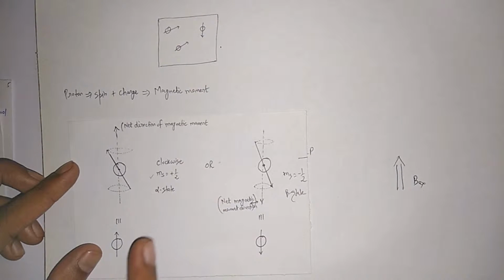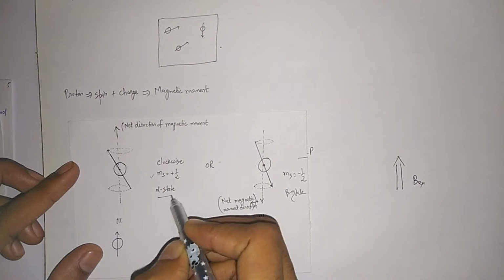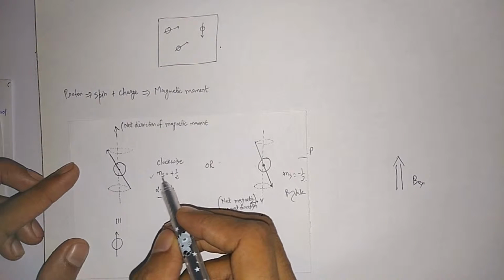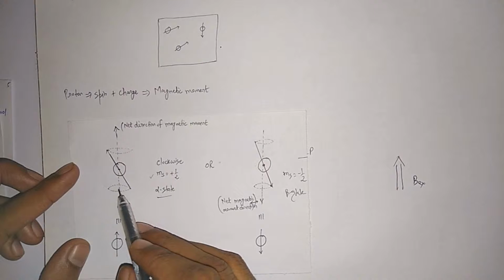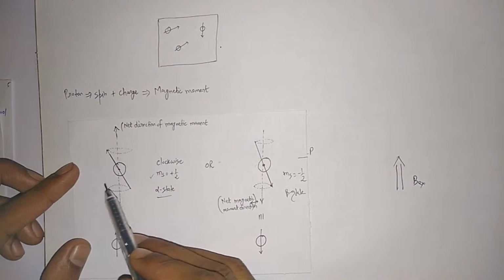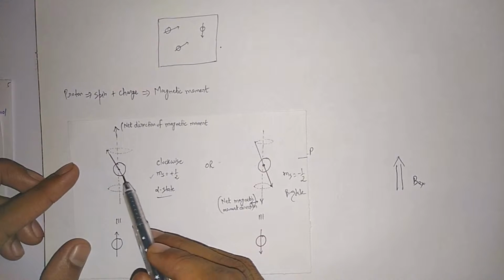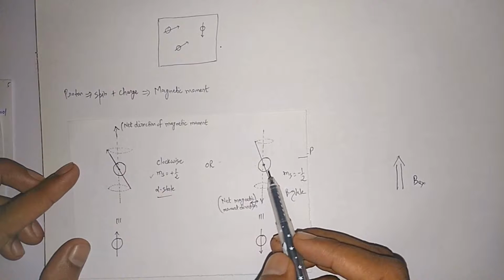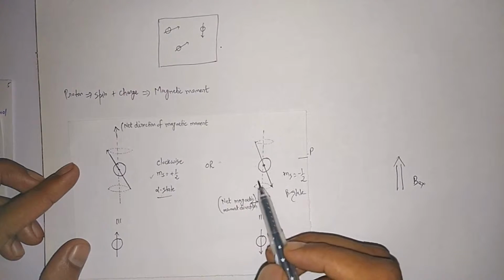The state in which the magnetic line of forces and the magnetic moment of the proton are in the same direction is the alpha state. Corresponding to the alpha state, the spin quantum number is plus half, because in the alpha state the proton precesses in the clockwise direction, but in the beta state the proton precesses in the anti-clockwise direction.